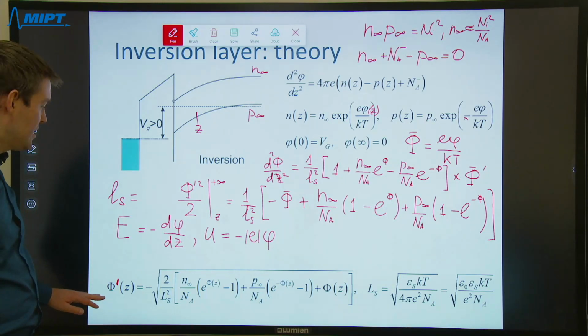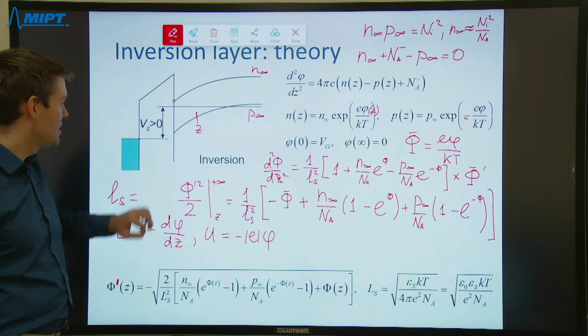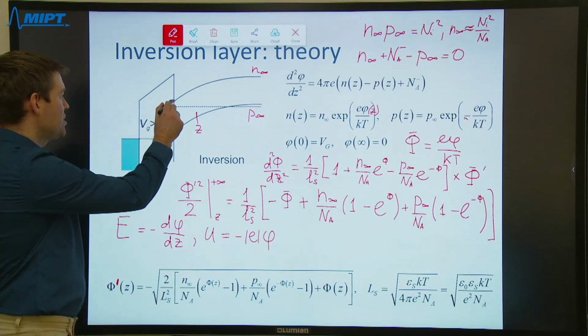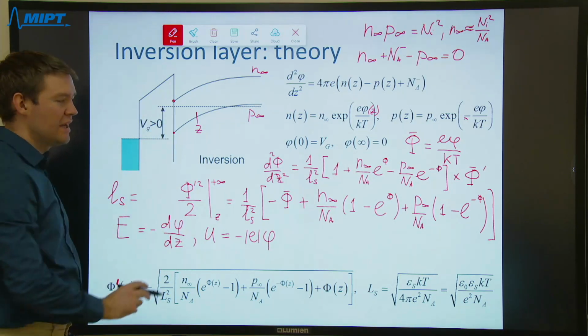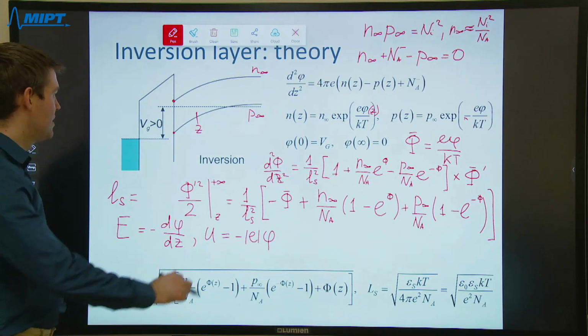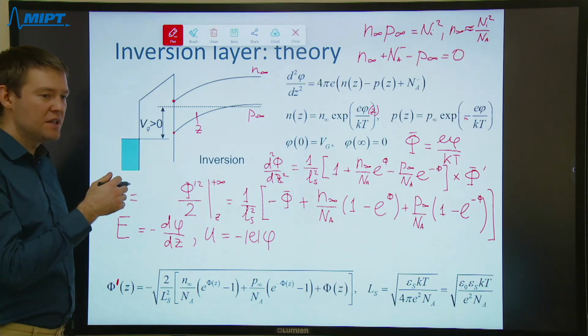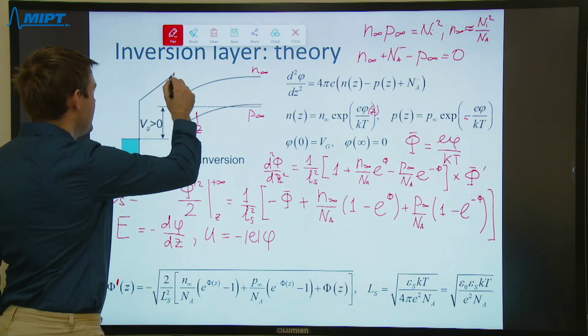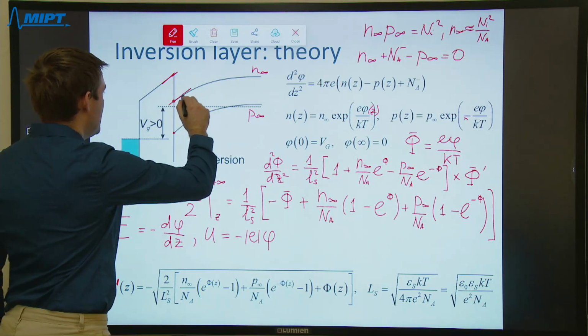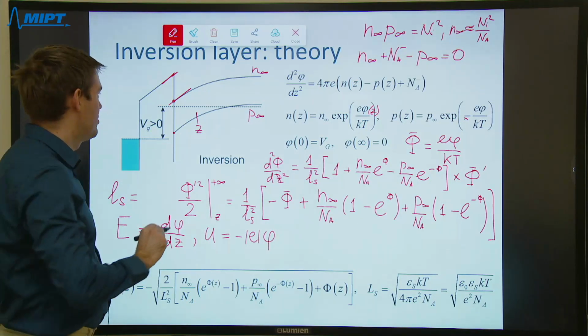The last expression can be used as a boundary condition for our equation. How can we formulate the boundary condition here? The boundary condition is formulated as the continuity of the displacement vector upon the metal-semiconductor boundary.